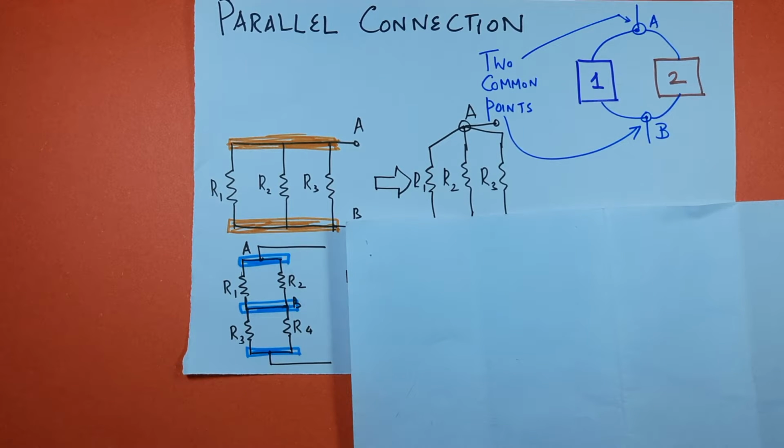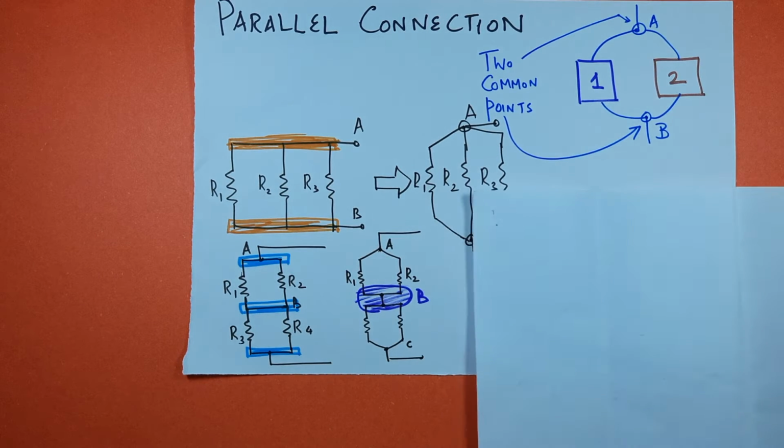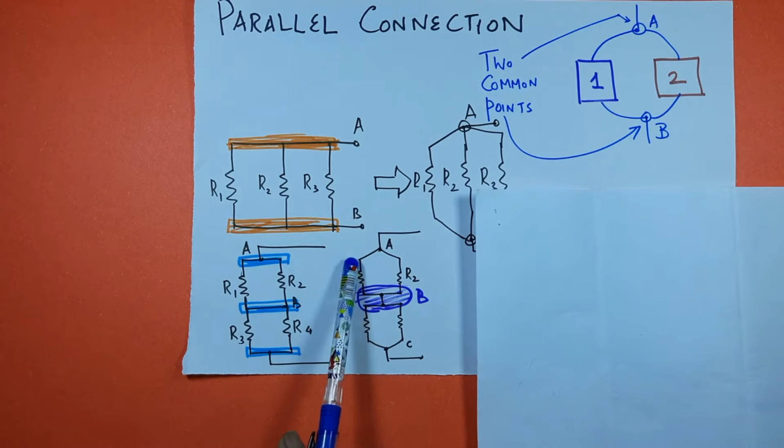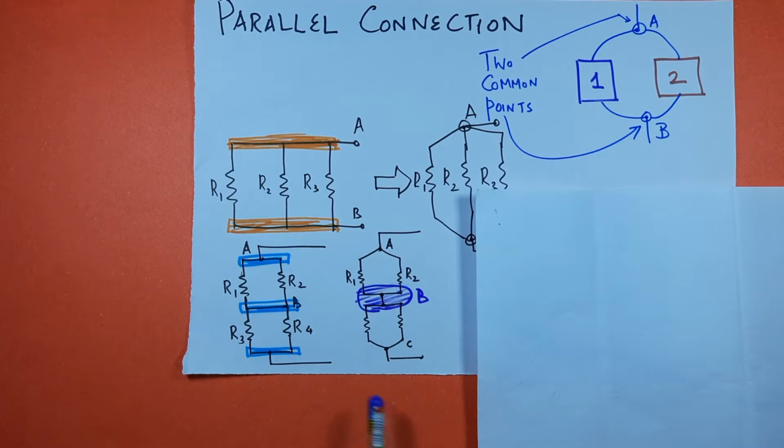Bottom is also one common point. So you can redraw this. This is one common point, similarly the bottom, one common point C. Now this I can also draw like this, right? Actually, everything is nothing but one single common point B.